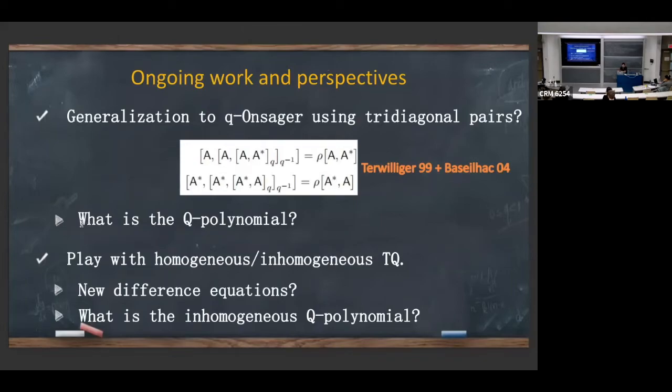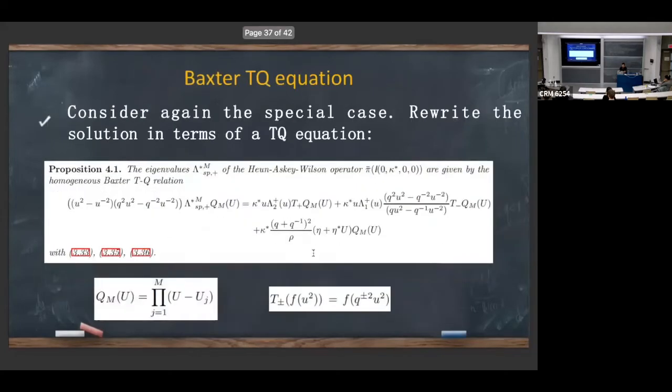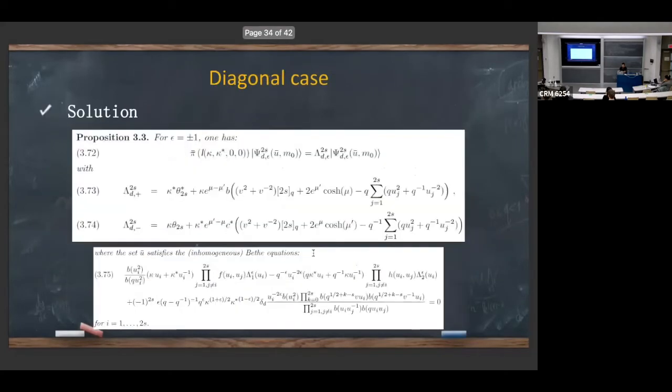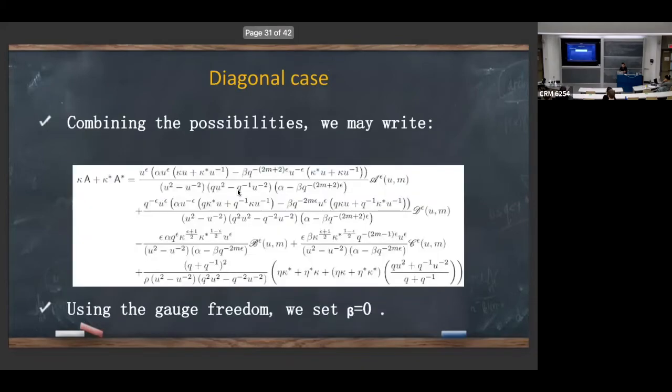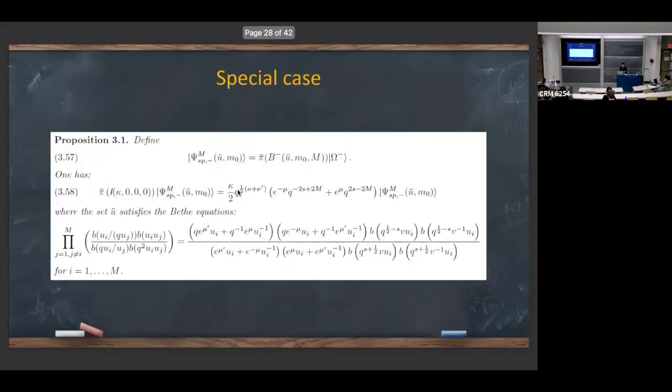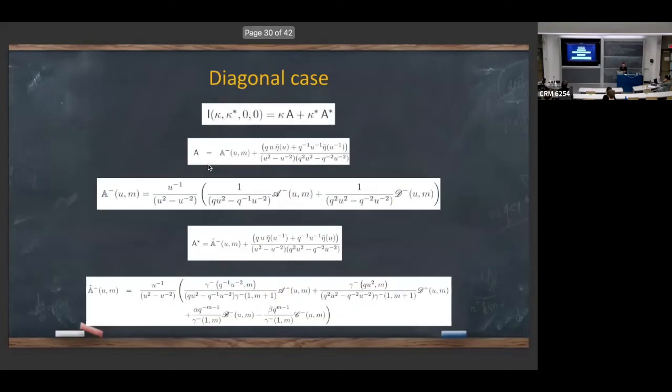And another thing that we can do is play with this homogeneous and inhomogeneous T-Q equation. One thing that I didn't mention is that usually, if we take the spectral problem for A, we can diagonalize it using this basis, but we can also diagonalize it using an inhomogeneous basis by just taking the limit in this case.